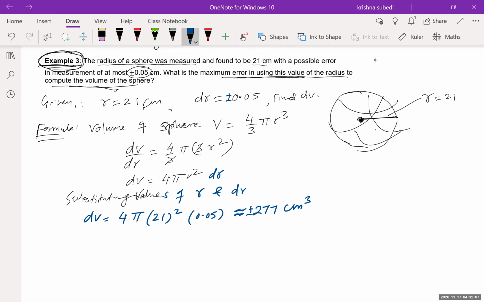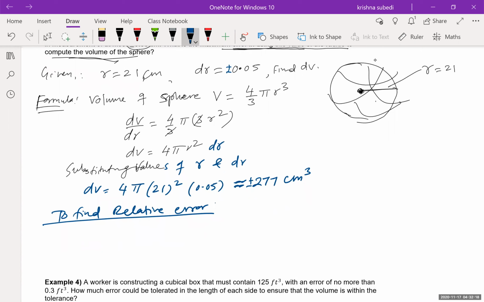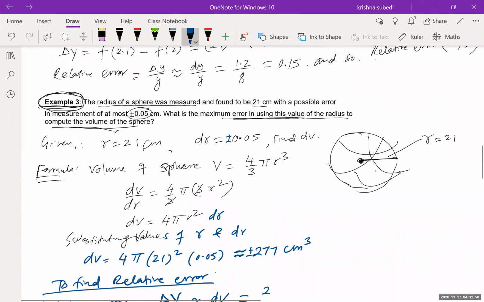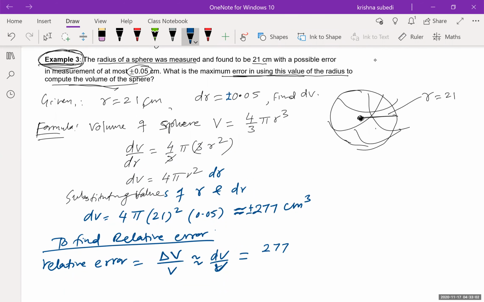To find the relative error, we know the formula. The relative error equals delta V over V, which is approximately dV over V. We already know dV, which is 277.